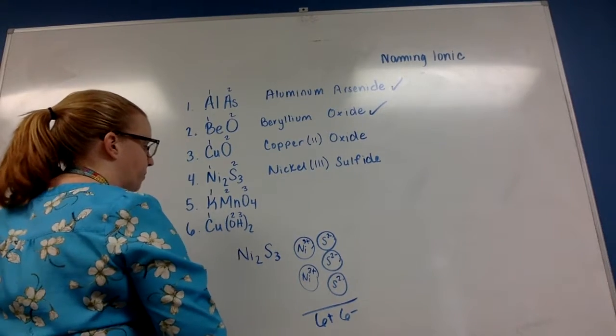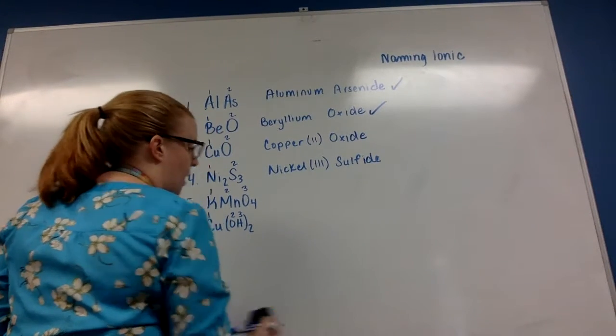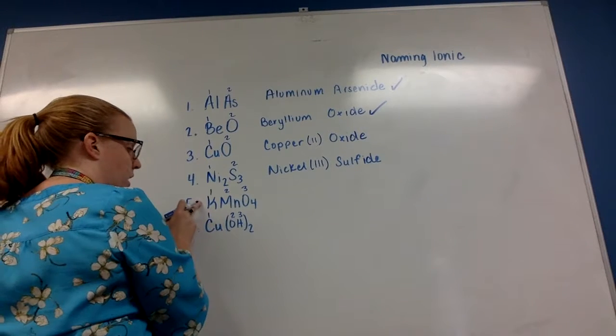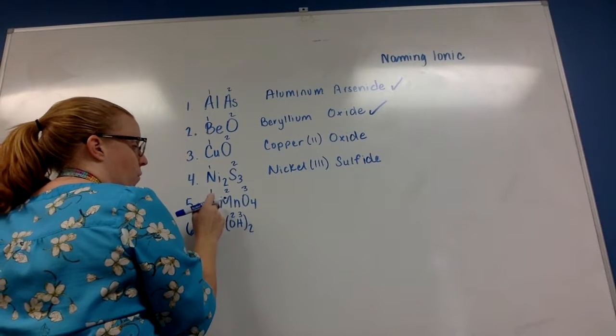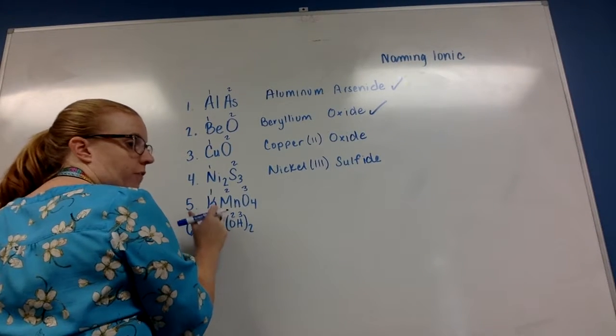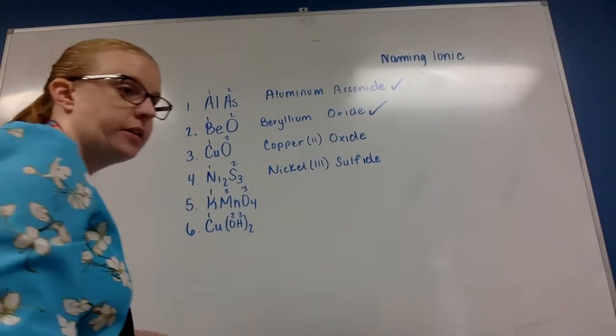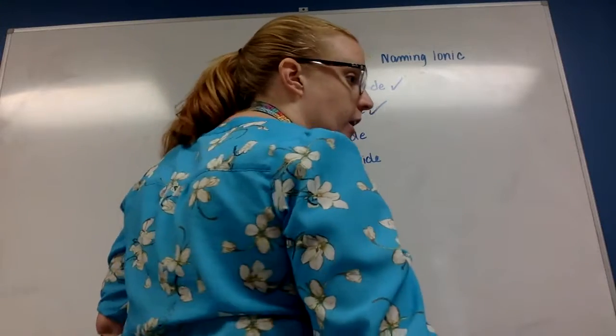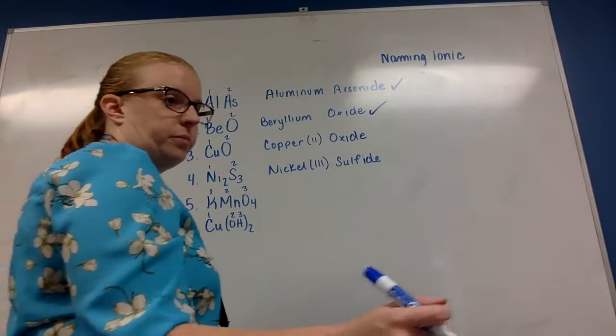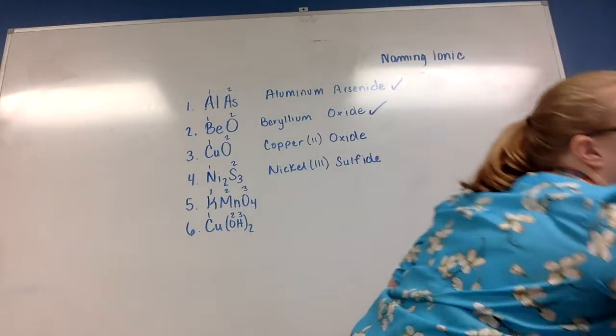Now, KMnO4. When you have 3 or more capital letters, you have to find the polyatomic ion. You're going to pull out your sheet of polyatomic ions and find the polyatomic ion.